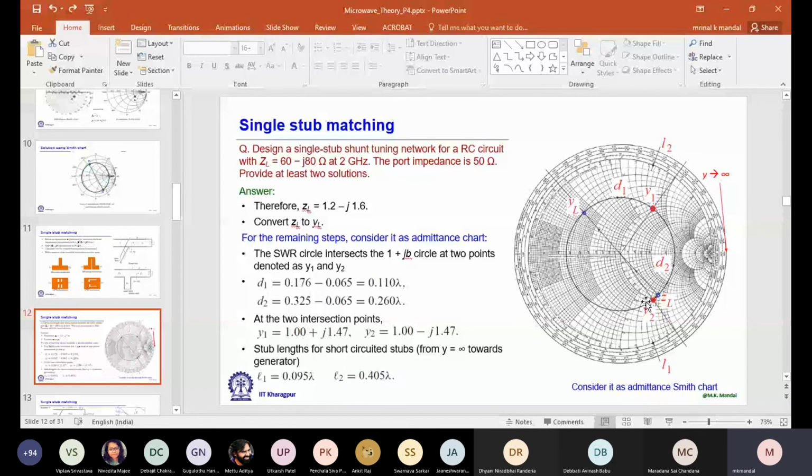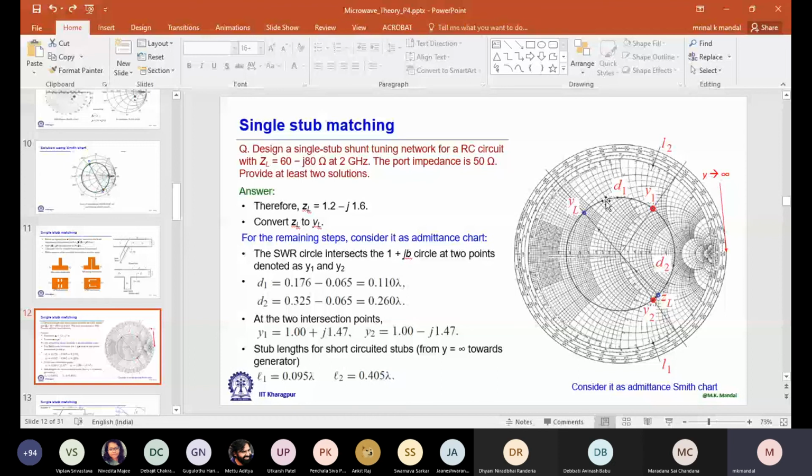If I go by a distance of d1, we reach the y1 point. Here the real part is equal to 1, and the imaginary part I have to find out by following this circle. It's written here on this scale, and then I need to add the negative of that to cancel it out.